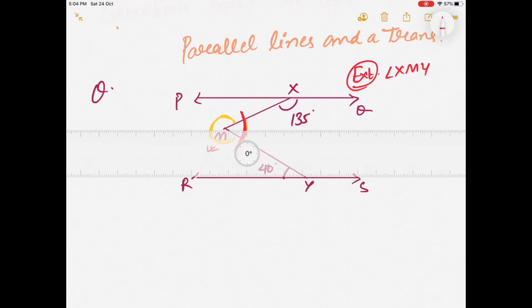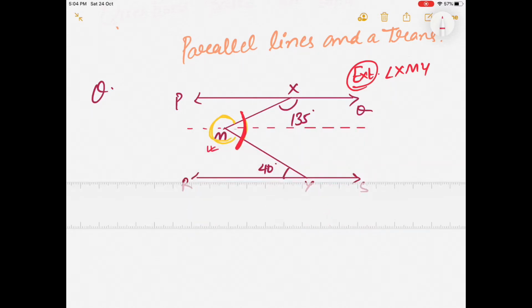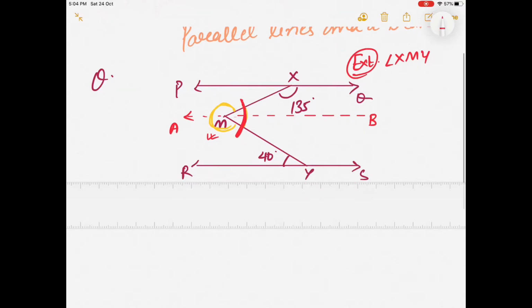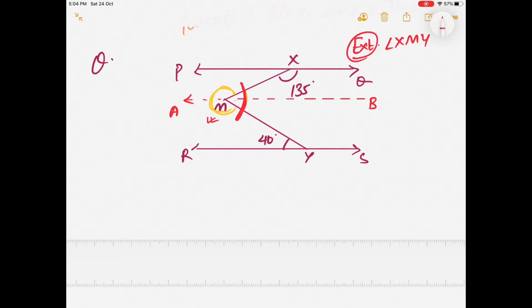In order to find this angle, we will draw an imaginary line AB like this passing through point M. This imaginary line AB will be parallel to RS. We drew this line to get our angle. So if AB is parallel to RS, angle QXM plus angle XMB will be equal to 180 degrees because AB is parallel to PQ also.